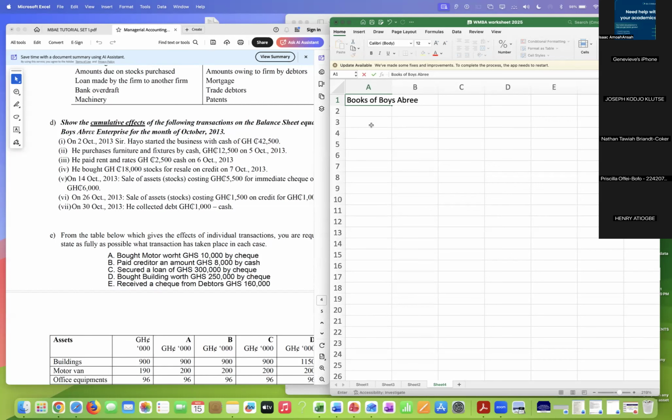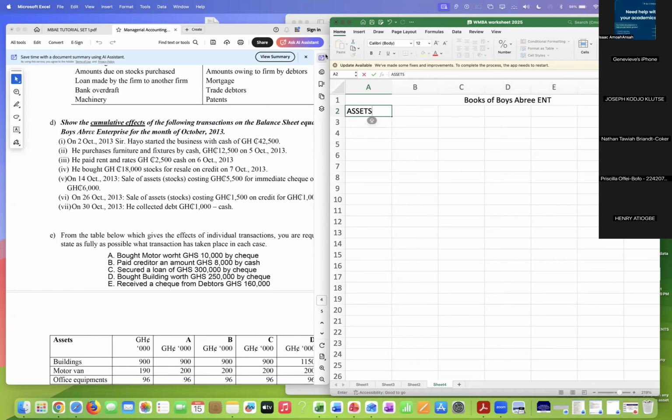Okay, so Books of Boys Abre Enterprise. We need to enlist our assets first. So we would use one section to cater for our assets.